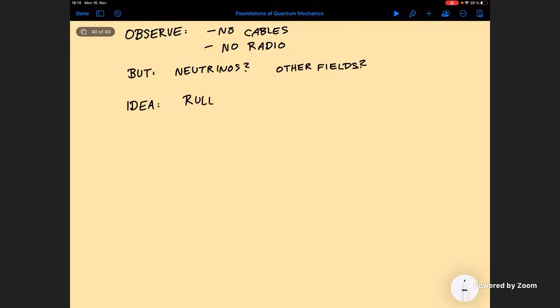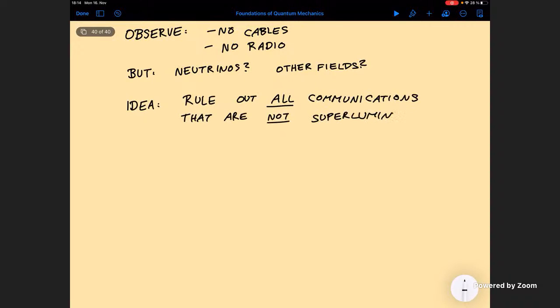So you can try, and we will learn in a moment how, to rule out all communications that don't need signals faster than light. And so the question is, how does this work?